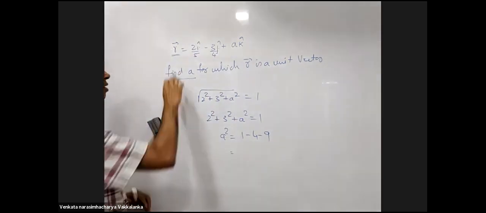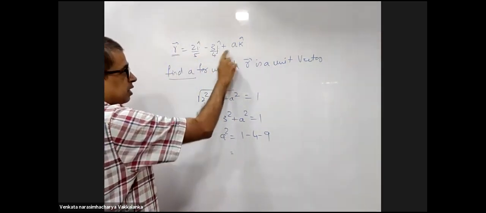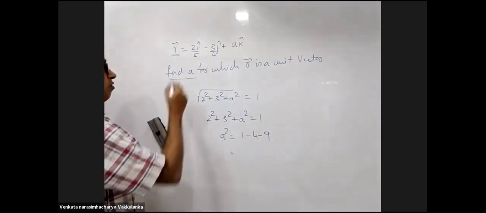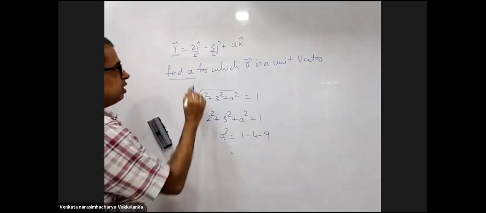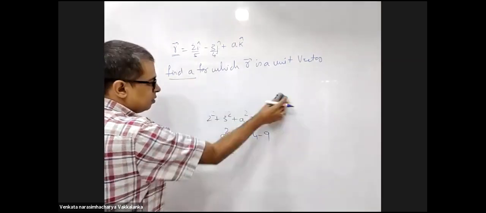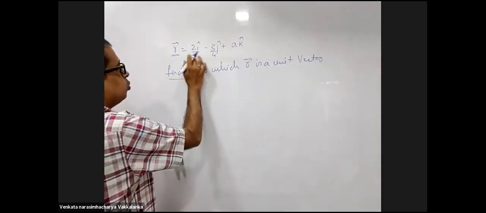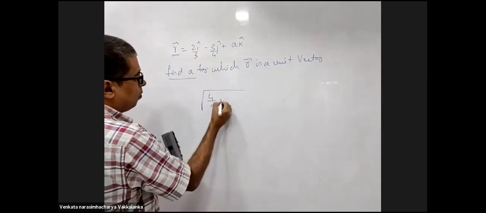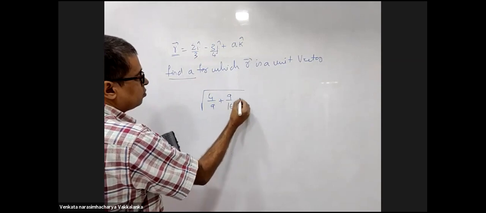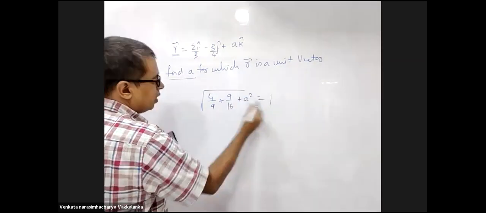Yes, sir. This should be a unit vector. That means root over of this square plus this square plus this square should be equal to 1. If I take 2 by 3 here, it will be root over of 4 by 9 plus 9 by 16 plus a square is 1.